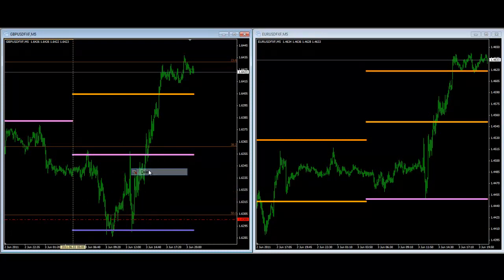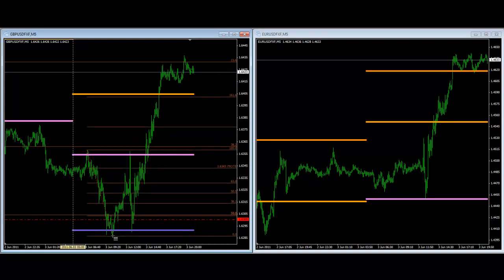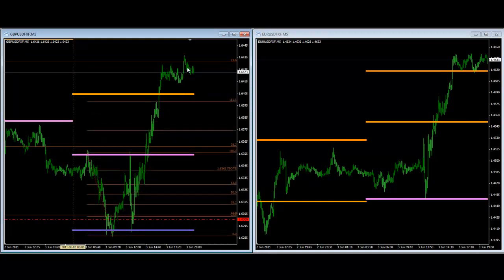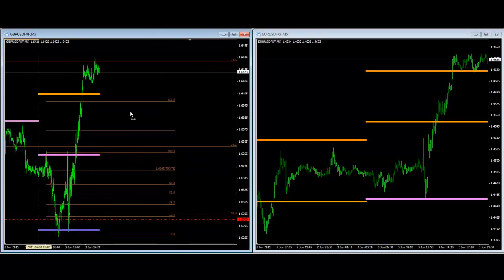Let's take a look real quick and take the high, draw it down from this intraday high on the cable down to the low, and you'll see the extension. 162 in here. Let's zoom out just a little bit more.